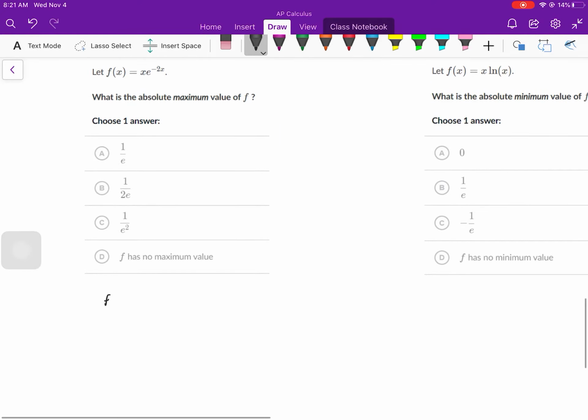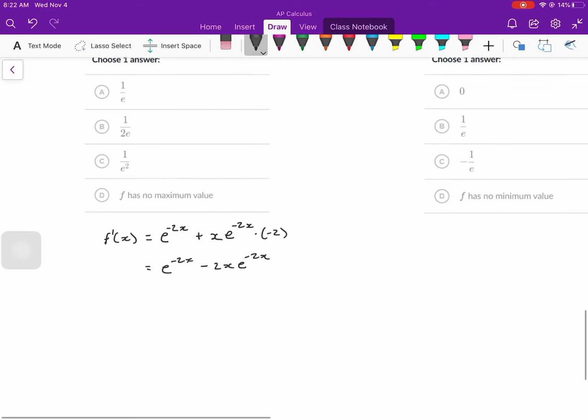So let's go ahead and start that derivative. f prime of x, we're going to have to do product rule. So that's going to be 1 times e to the negative 2x plus x e to the negative 2x times negative 2. So that's e to the negative 2x minus 2x e to the negative 2x.